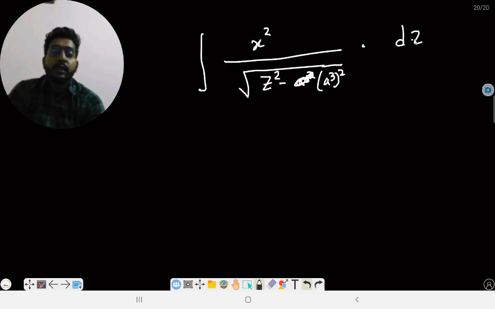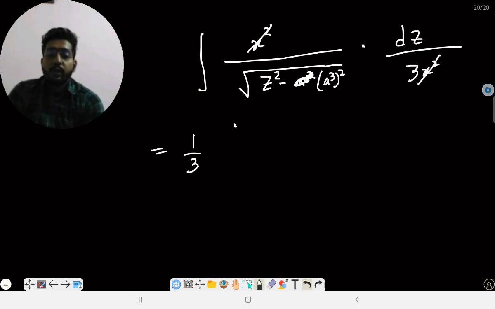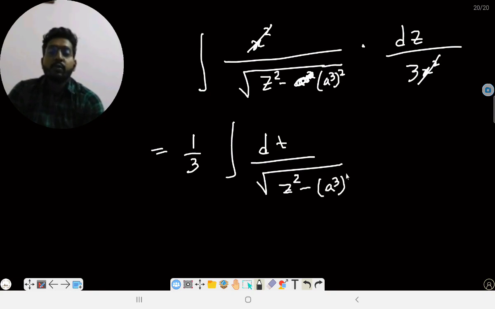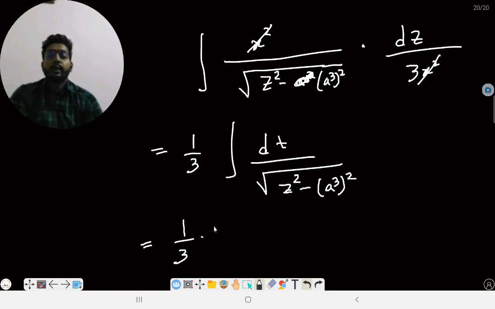The x square cancels. That means 1 by 3 integration of dz by root over of z square minus a cube whole square.